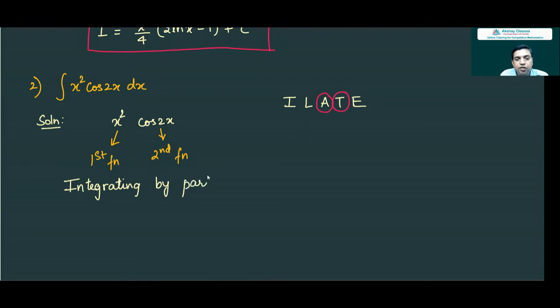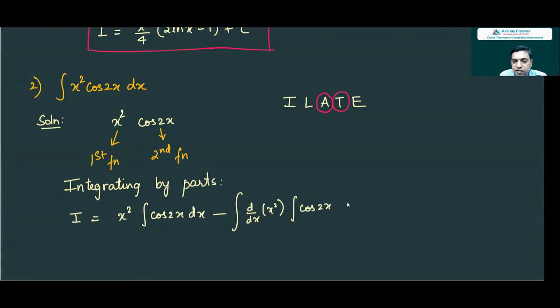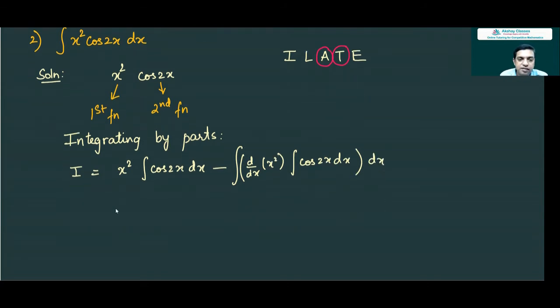So I'll not write all these steps again. So first function into integral of the second minus integral of the derivative of the first. One more time, I'm just writing for the second problem. From the next problem onwards, I'll directly write the integral. Derivative of the first multiplied by the integral of the second.